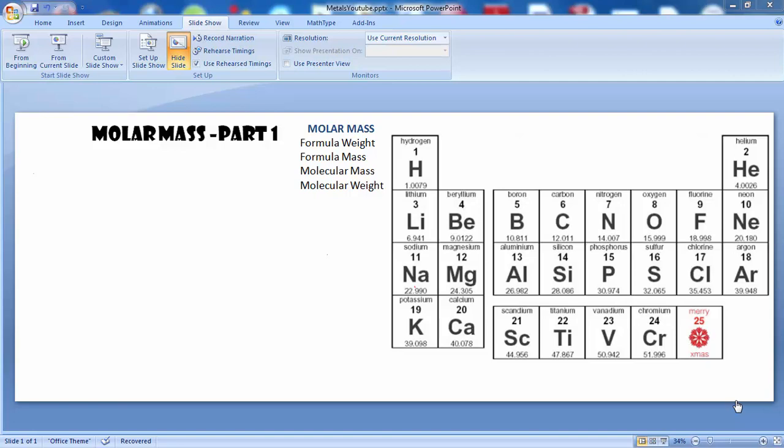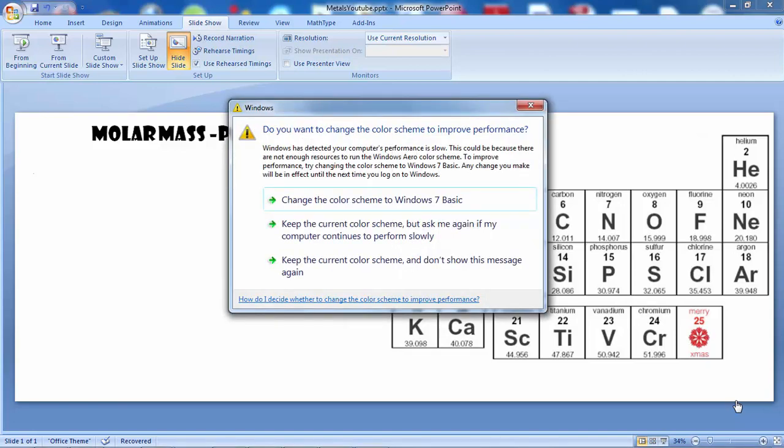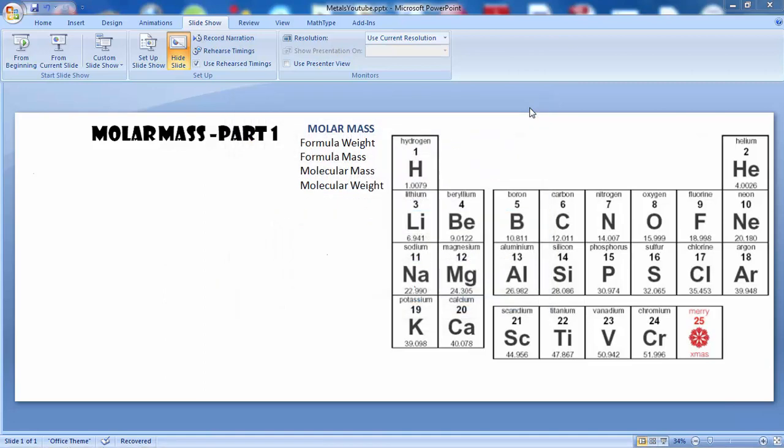From there, we use the molar mass in combination with Avogadro's number to determine the number of atoms in that particular element. The same idea would apply to compounds when we want to find the molar mass of a compound.